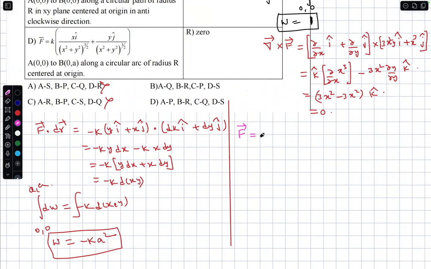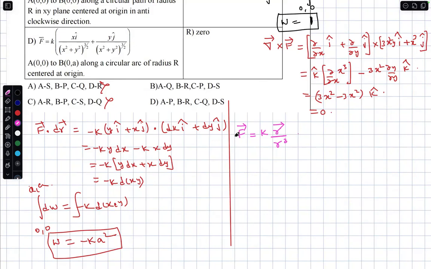How does it look? Morning only I taught you. Central force. Write it like that.